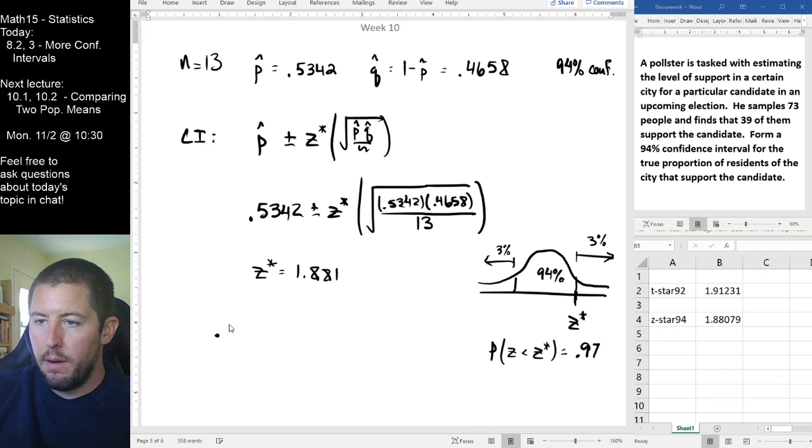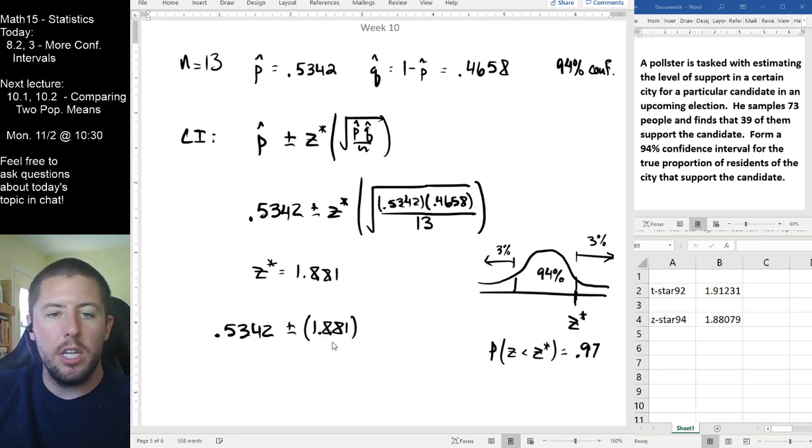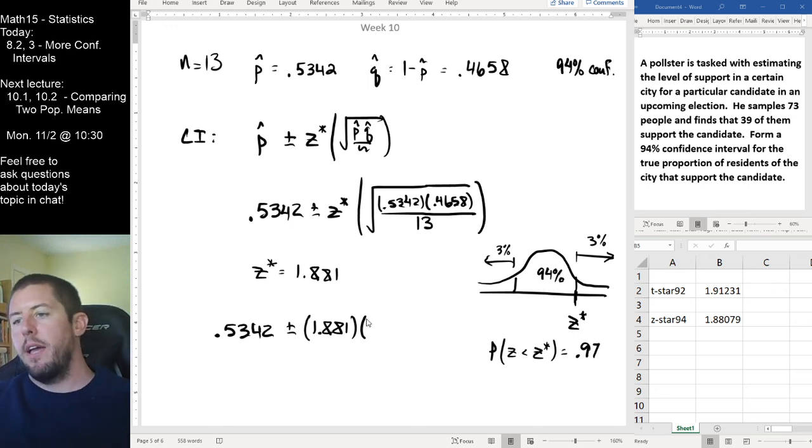And so what are we getting here? 0.5342 plus or minus 1.881. That's the number of standard deviations away we need to go to get to the boundary of 94%, times... I'm going to go to my calculator and throw this in here now.